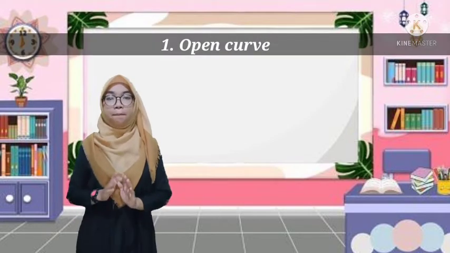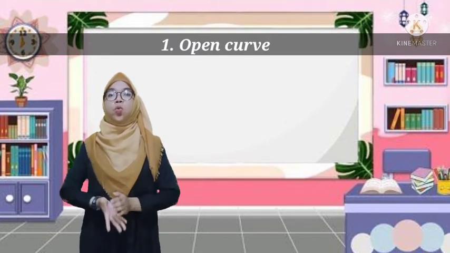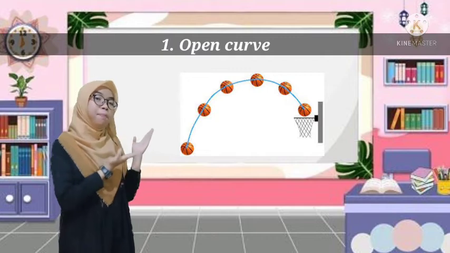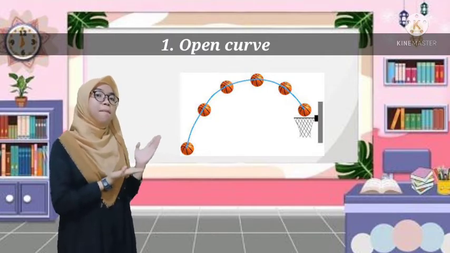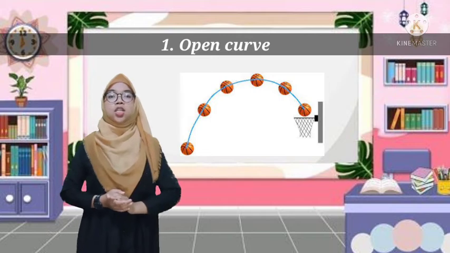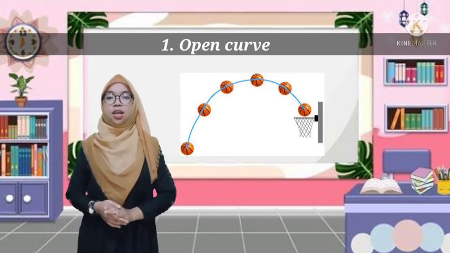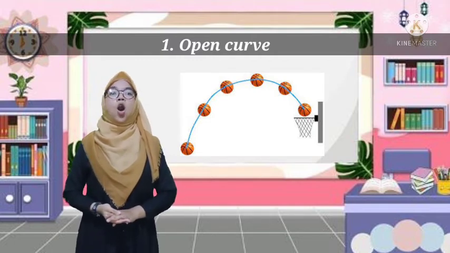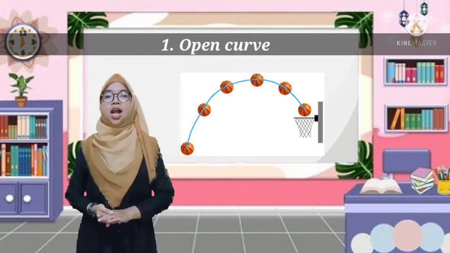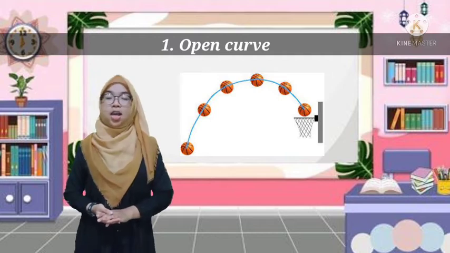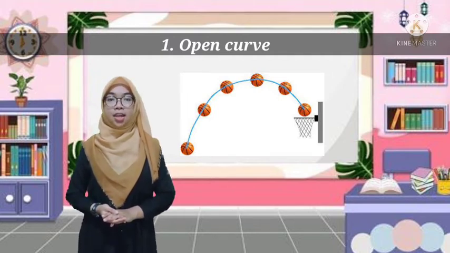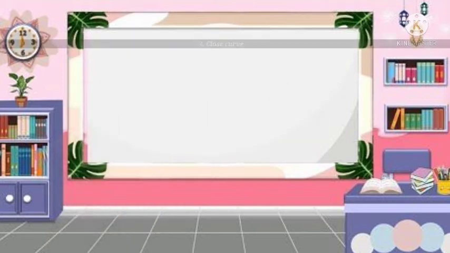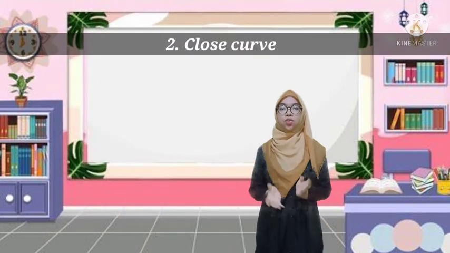In the example of application in daily life, as shown in the picture, there is a basketball that is thrown into the ring, forming an arch called an open curve, because it is an arch in which the first point does not meet the last point and it does not create an area.